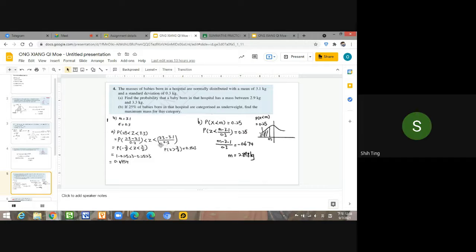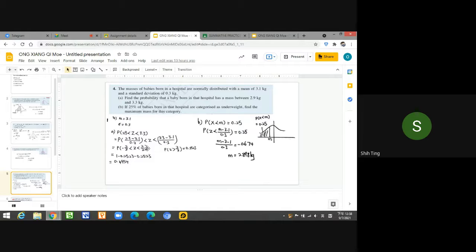First, process the formula: 2.9 minus 3.1 divided by 0.3, we will get minus 2 over 3, and 3.3 minus 3.1 divided by 0.3, we will get 2 over 3.